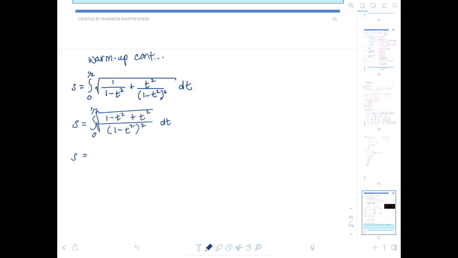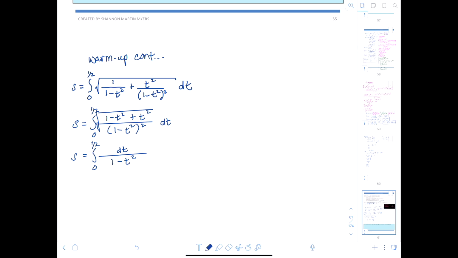S is equal to the integral from 0 to 1/2 of the square root of 1, which will just be 1, so I'll write dt in the numerator, over 1 minus t squared, because that's the square root of 1 minus t squared, the quantity squared.